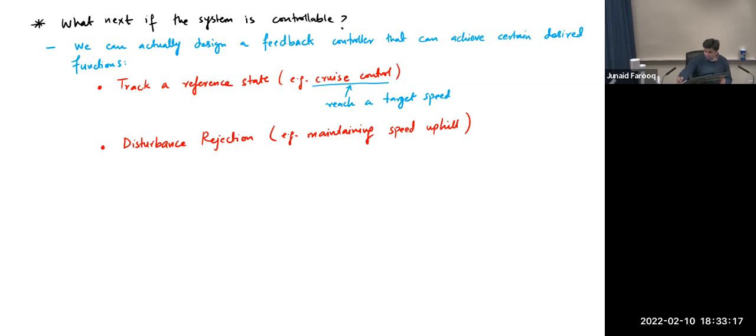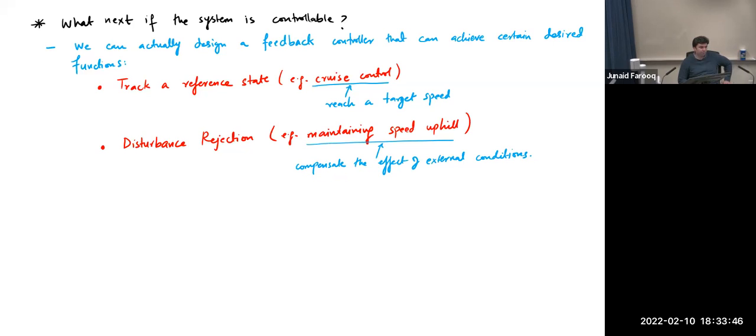In other words, you are trying to compensate for the effect of external conditions. If there is a disturbance from the environment that changes your state, the feedback controller can correct it.